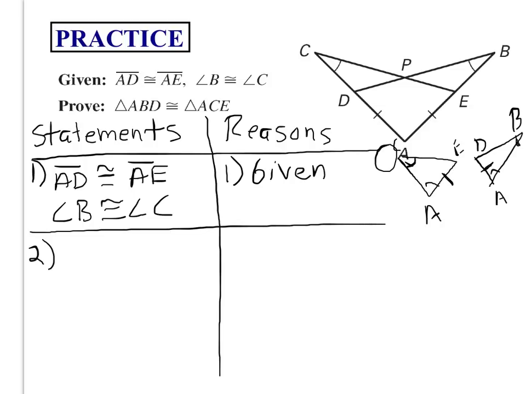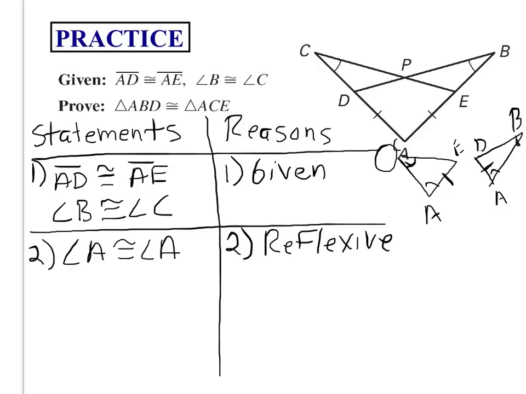Okay, so the next thing we want to talk about is this angle A. Angle A is congruent to angle A because of the reflexive property. Remember, the reflexive property says anything equals itself.